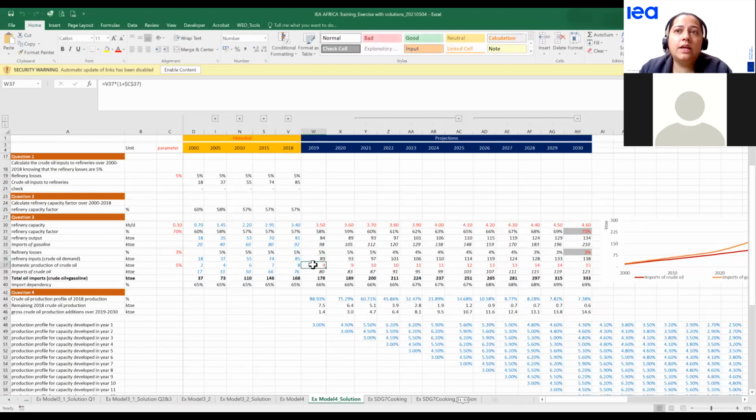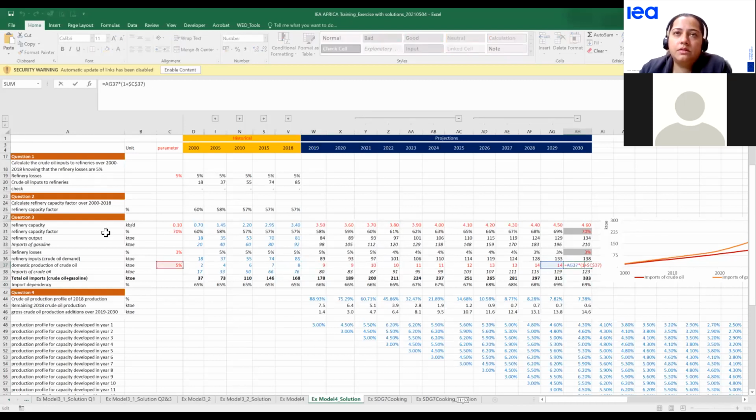And again, here you can calculate your domestic production, because you know that domestic production increases by 5% through to 2030. So every year it increases by 5%. So you take the previous year and you multiply by 1 plus 5%. So you increase it linearly every year by 5%.